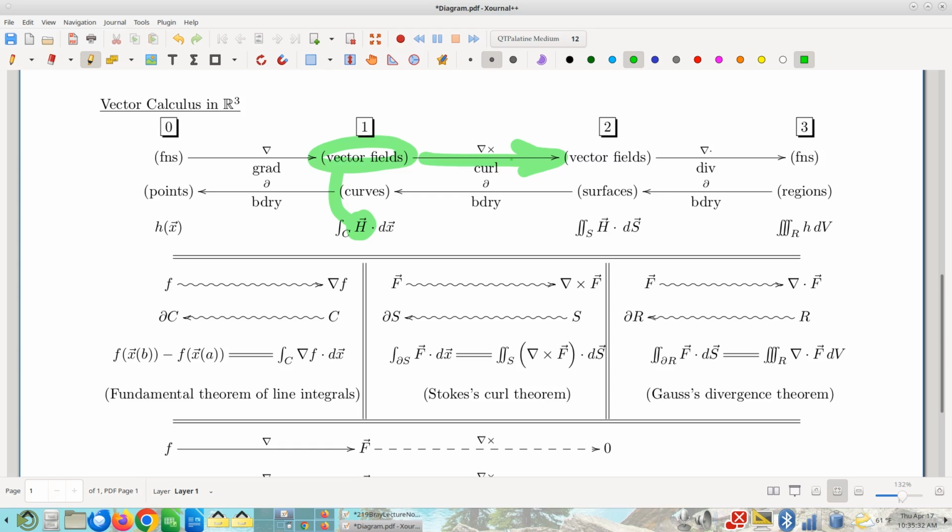By the way, here's another thing the diagram tells us. Don't compute the divergence. What would the divergence have to do with this? The divergence doesn't have anything to do with computing a line integral. So not only would this be a waste of your time, this would be what I'm going to call a bad look.